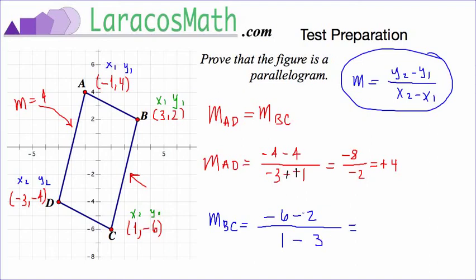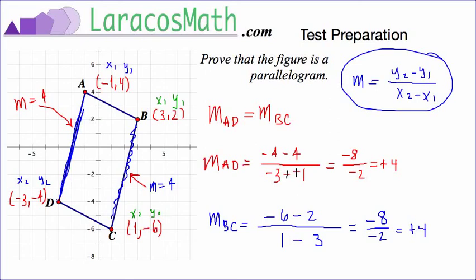So I'm gonna make this -6 minus 2, this is -8. 1 minus 3, that's -2. Again, negative divided by negative is a positive, and 8 divided by 2 is 4. So in this case, this slope is also 4. So this side and this other side are parallel. So first of all, I understand that these sides are parallel.